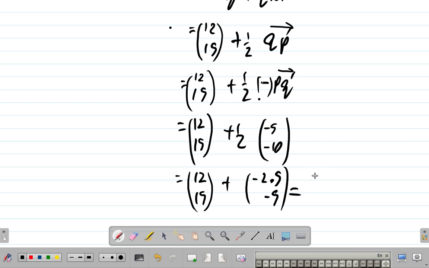So what do we have? 12 minus 2.5. 12 minus 2 would be 10 and minus 0.5. 10 minus 0.5 is 9. And then we have 15 minus 5, which is 10. So we have 9, 10 there.